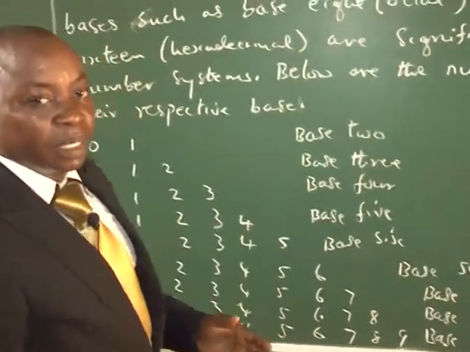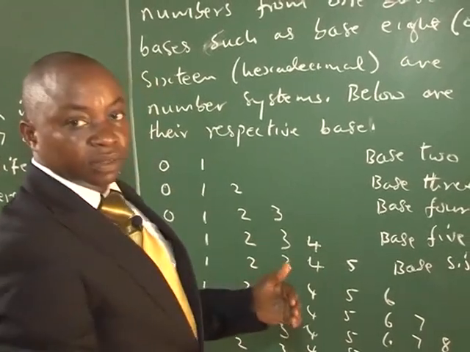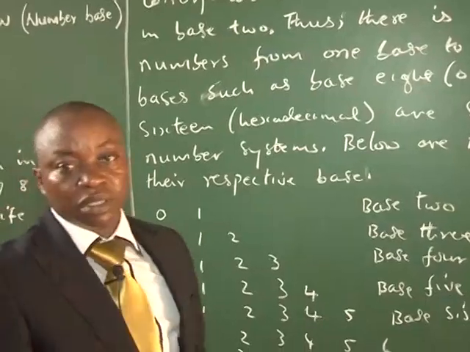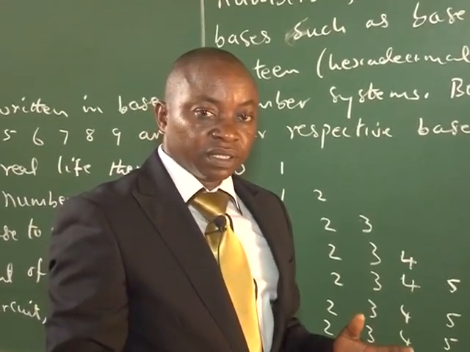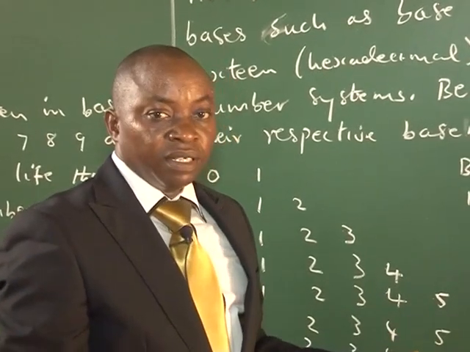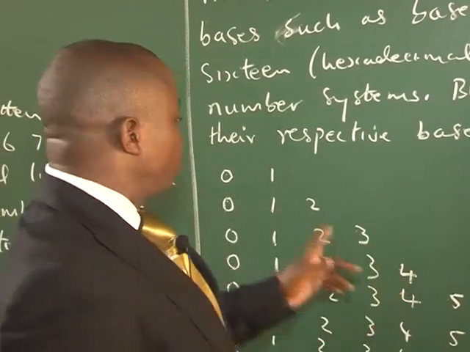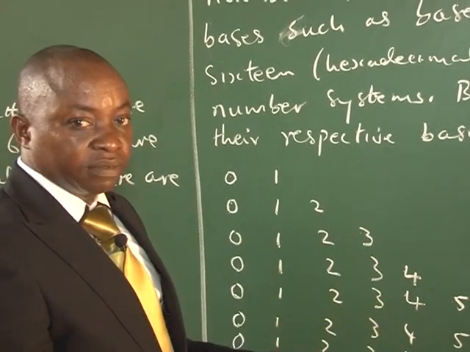Now, depending on the application, we need to convert numbers from one base to another. Like I've told you about the electrical components of the computer, which can only indicate off and on. So if a number is given in base 10, because of the application, we have to convert it to base 2, where we will have 0 and 1 that suits the particular application.